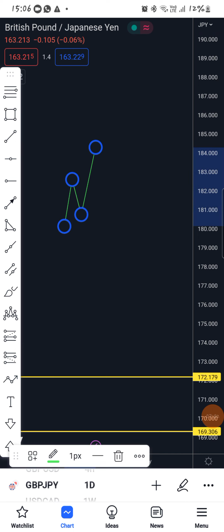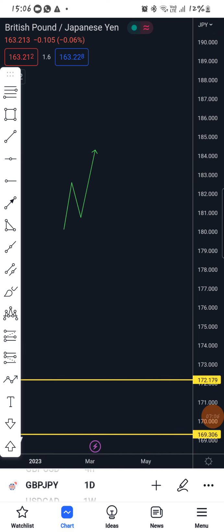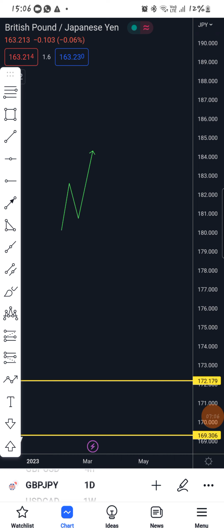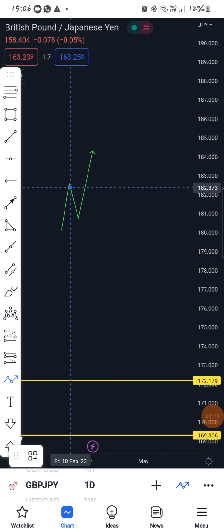And then back in the days, guys, the market most of the time would come and retest this area here. It was a resistance, which is still a resistance.